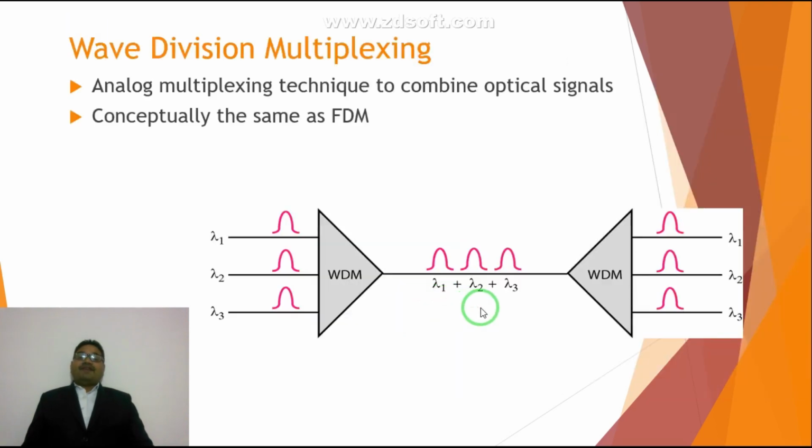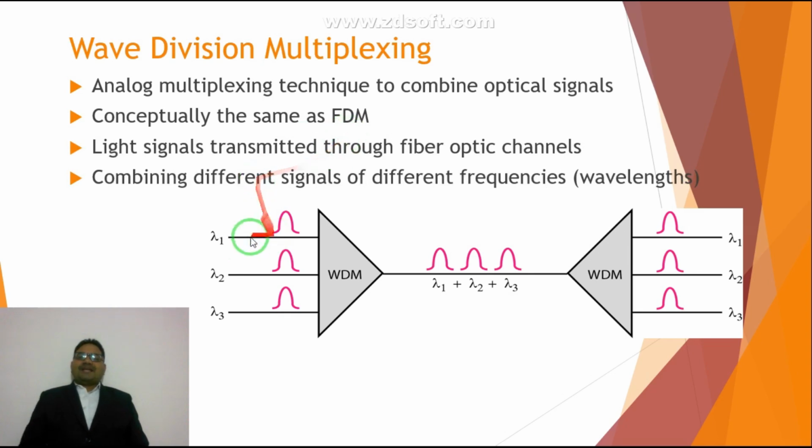Now, wavelength division multiplexing. It is also a type of analog multiplexing technique, used to combine optical signals, and conceptually it has the same working principle as FDM. Light signals are transmitted through fiber optic channels, denoted by lambda 1, lambda 2 and lambda 3, and this is the symbol of an optical pulse.